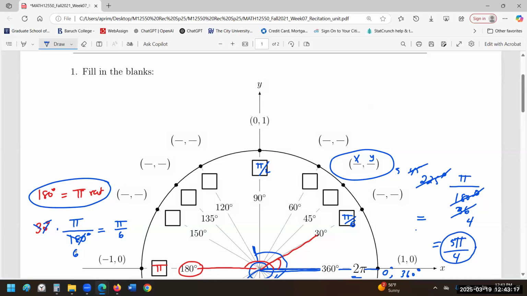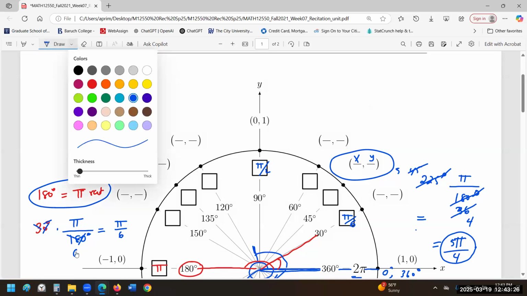Now, you may wonder, how do you find this x and y, or why do you have to work with this x and y? We work with them because these x and y are actually not variables.